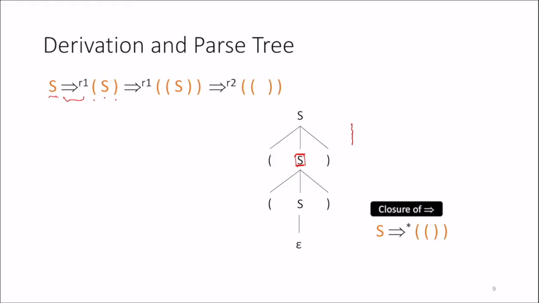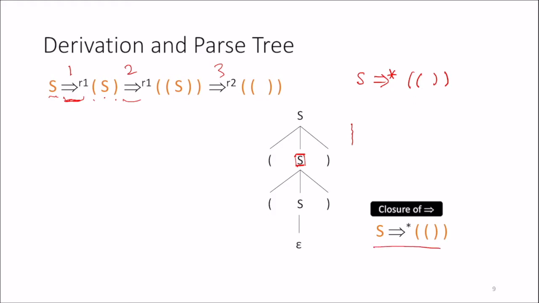So one useful notation that we'll use is the notion of a closure of this double right arrow here. If I have 0 or more steps in this derivation, so 0 or more double right arrows, doing one rule application after the other, I can say that if I did it once, twice, 3 times, I can replace that with S in 0 or more steps can derive 2 open and 2 close parentheses.